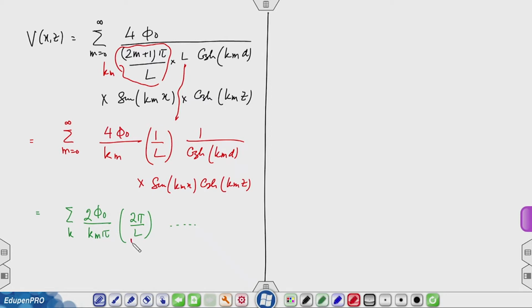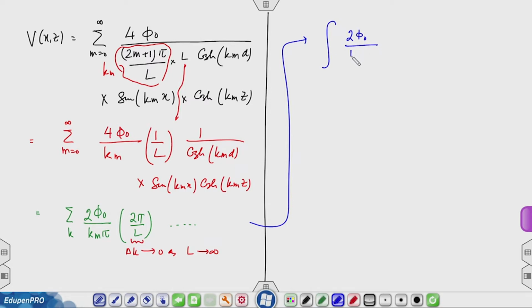This is nothing but delta k tending to 0 as L tends to infinity, and therefore, I can write this whole thing as integration 2φ0 over π dk over k sin(kx) cosh(kz) over cosh(kd). That is my answer.